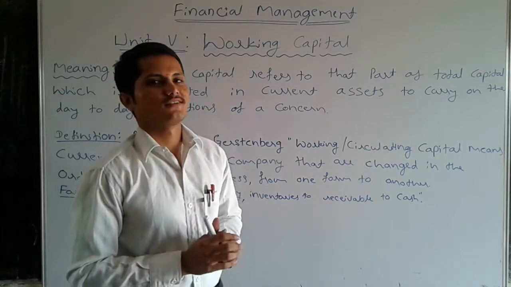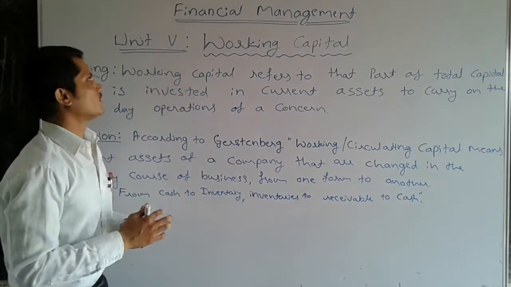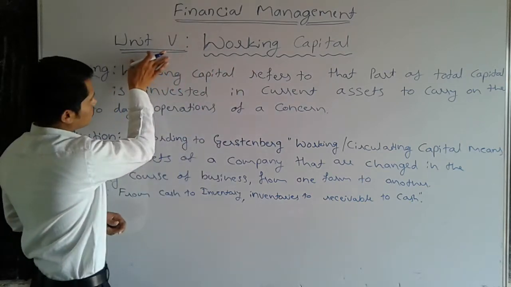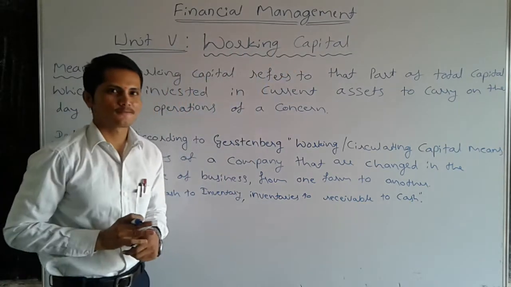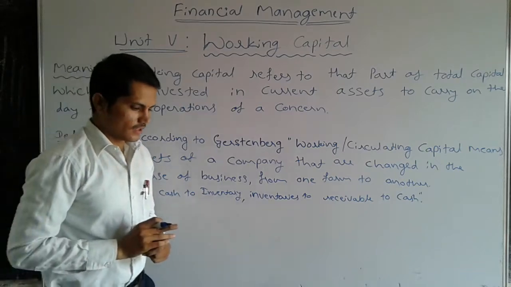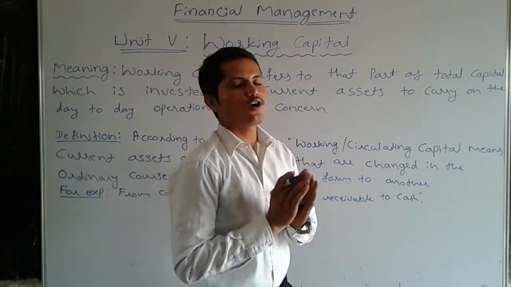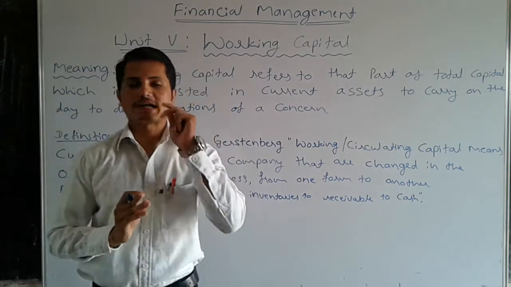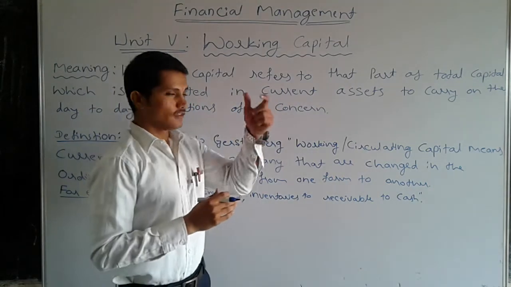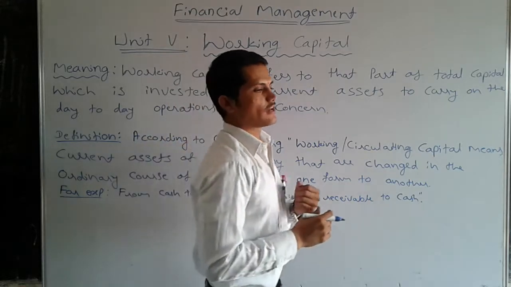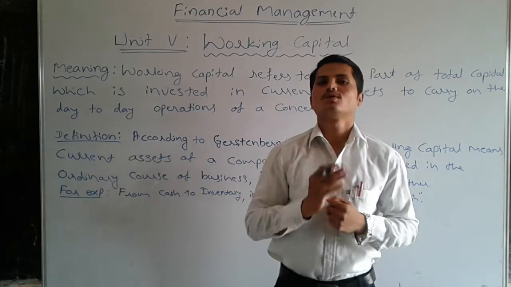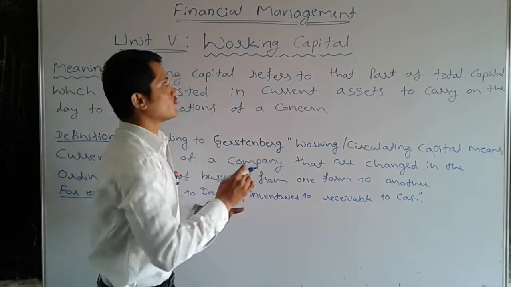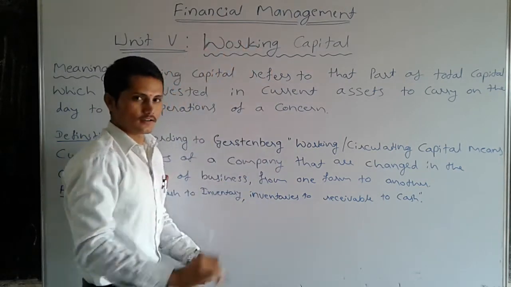Dear students, in today's lecture we learn a new topic from Unit 5, Working Capital. You know that all business organizations have two categories of capital. That means the total capital of the business organization is categorized into two types. One is fixed capital, and the other is working capital.